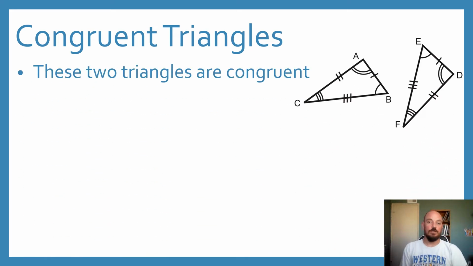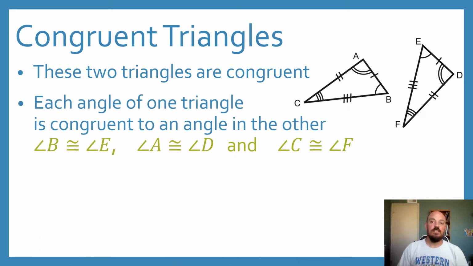These two triangles here are congruent. The way I know that is because they're all marked up. You can see that each angle of one is congruent to each angle of the other. The first thing I noticed is angle B is congruent to angle E, because there's one mark on each one.